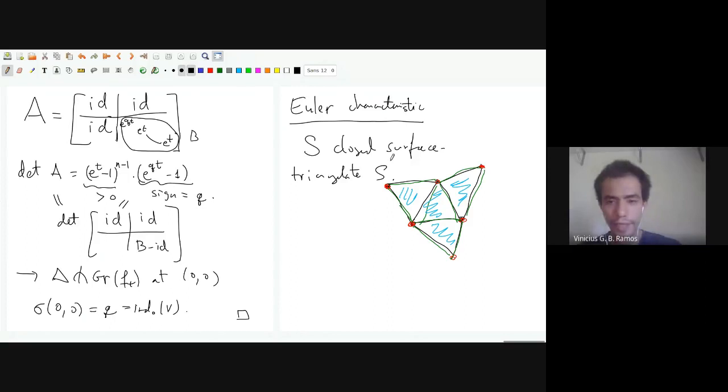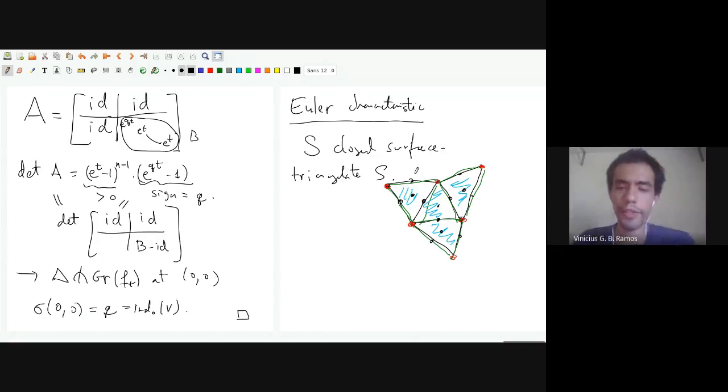And now what's really cool is that if you have a triangulation, then you can construct a vector field which has a zero in the interior of every face, in the interior of every edge, and at every vertex.